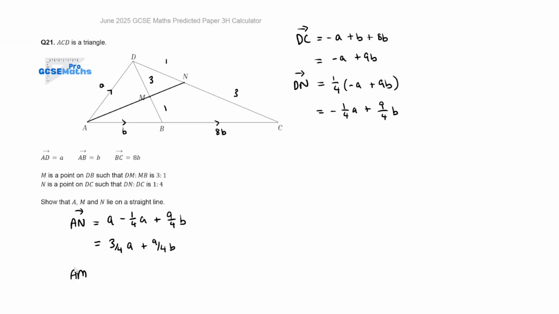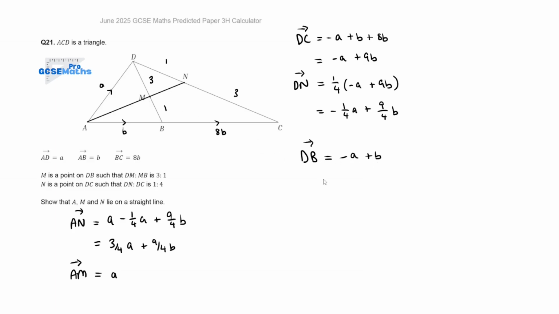And then the other one I want was A to M, that's what I chose. A to M, I would obviously still probably go up to D, so that's A, and then plus, I'm coming along the DB line now, so again, another vector that I need to figure out is DB. That one's just negative A plus B, isn't it?